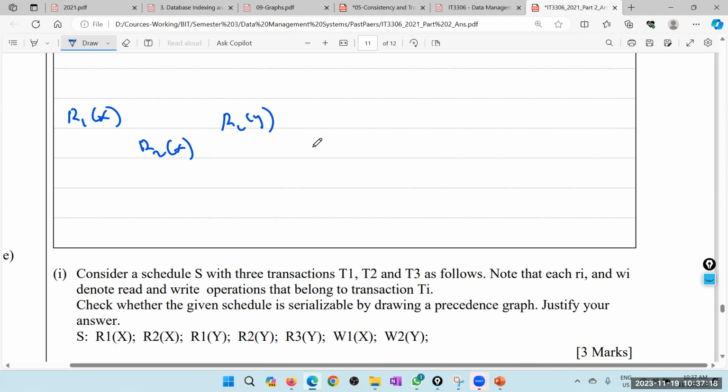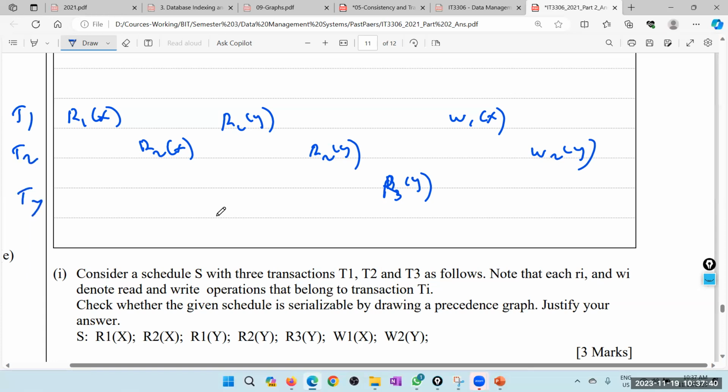Read 2y, read 3y, then write 1x, write 2y. So this is transaction 1, transaction 2, transaction 3. So this is sort of the simplest possible question they can give.